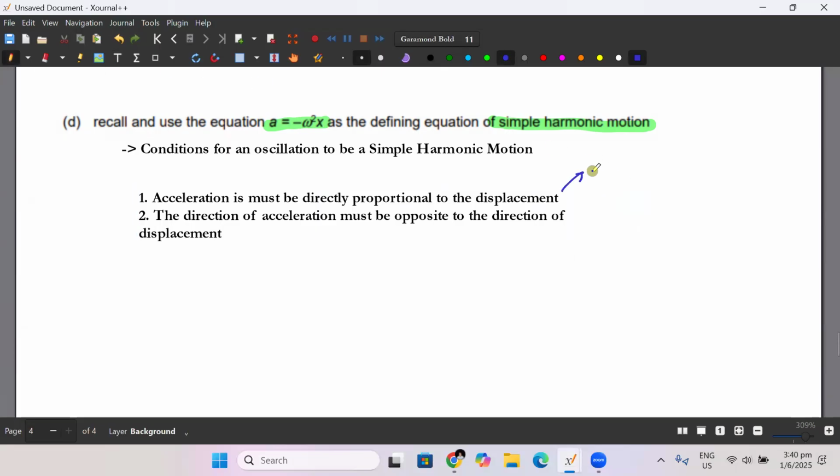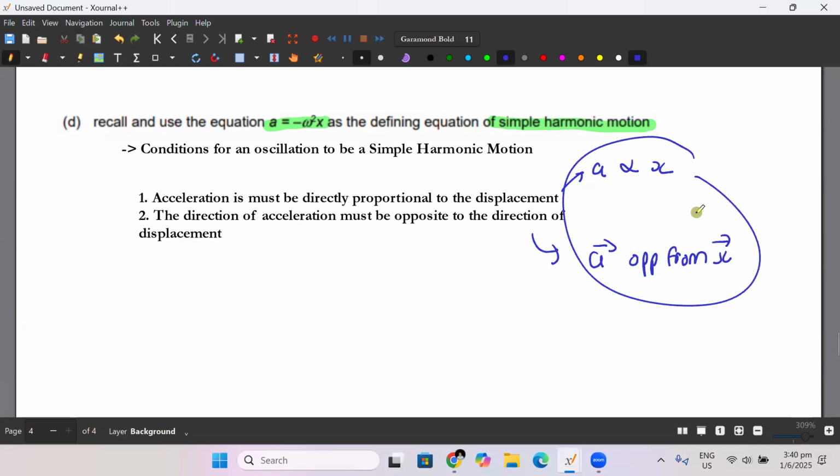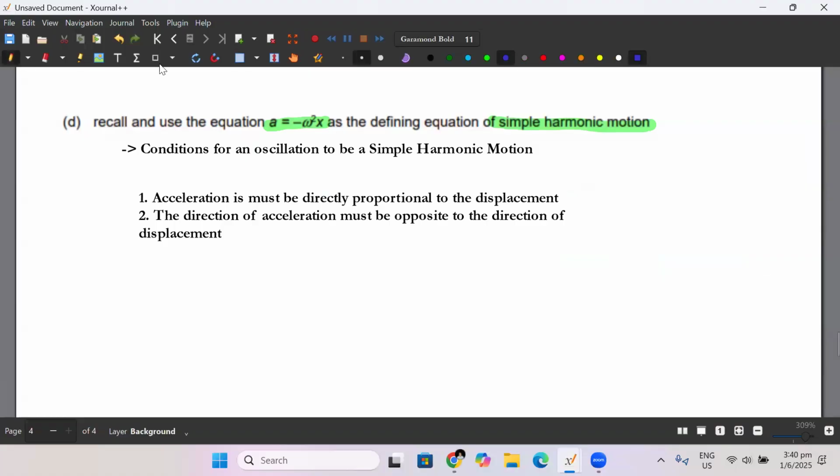And actually the first one is just saying a is proportional to x. The second one is a is basically opposite in direction from x. Very nicely, I always combine this into one condition. Let me erase this and show you the combined one. It goes this way: a is proportional to minus x.